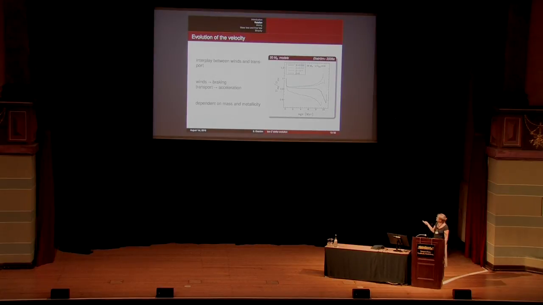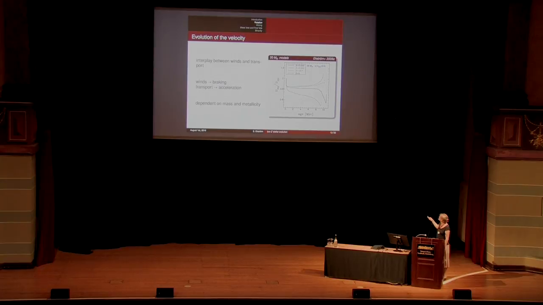Now, both aspects are very dependent on the mass and on the metallicity. Here you see a 20 solar mass model. It's all the same mass and it's the same ratio at the beginning. And we see how the velocity behaves when you compare it to the initial velocity. Of course, I put that because otherwise the curves would not start at the same place and it would not be so clear to see what happens.